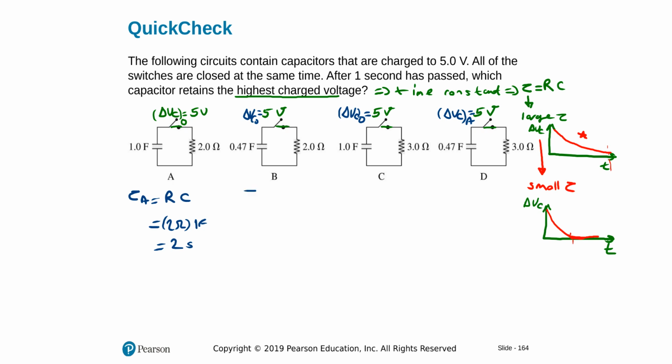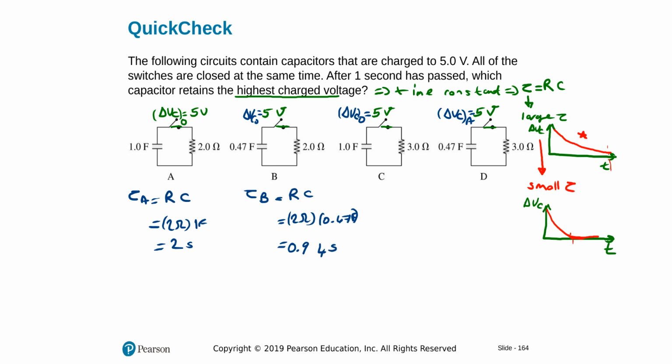Tau B is RC again. It will be 2 ohms times my C, which is different here, 0.47 farad, and that gives 0.94 seconds.